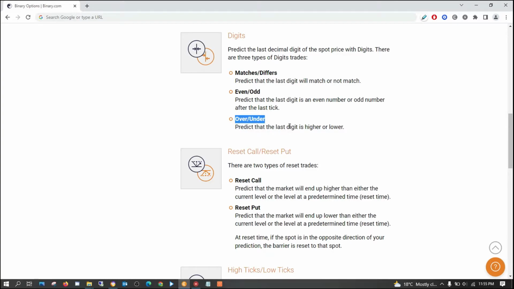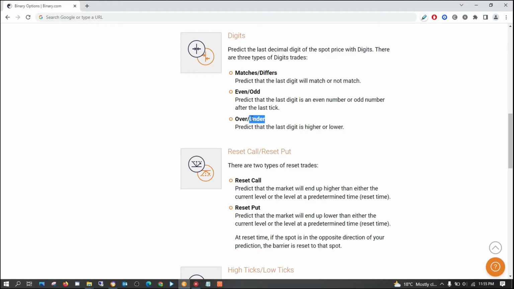You predict that the last digit will be higher or lower than the predicted match. So if you predict that the digit will be over 5, over 5 means 6, 7, 8 and 9. If it goes under 5, you lose your stake or your position.